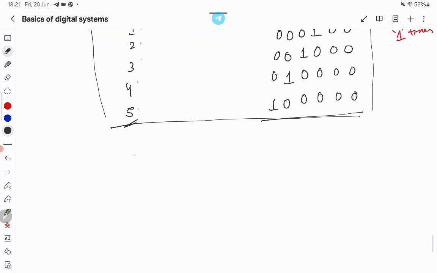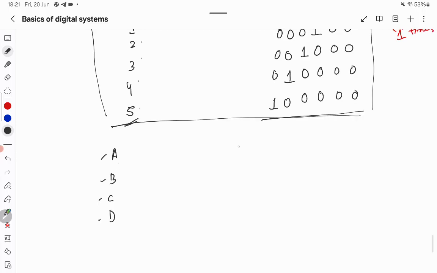Let's say you have to represent A, B, C, D as one hot code. Since there are 1, 2, 3, 4, 4 numbers, you will have 4 digits. So you will represent it as 0 0 0 1. This one will be 0 0 1 0. This one will be 0 1 0 0.